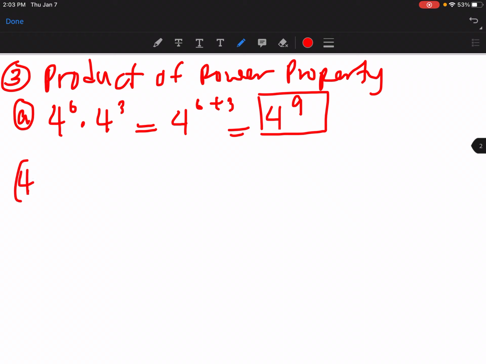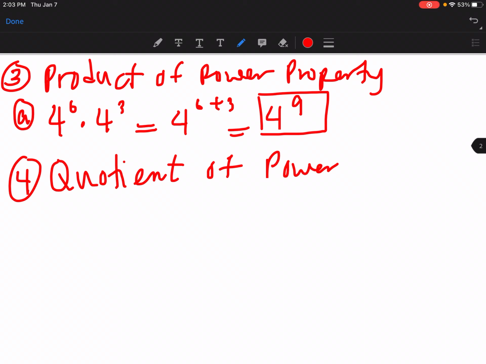Right, let's look at the next one, not the product but the quotient of powers property.